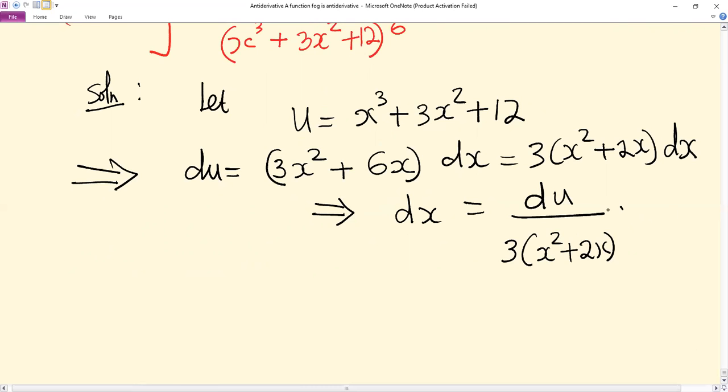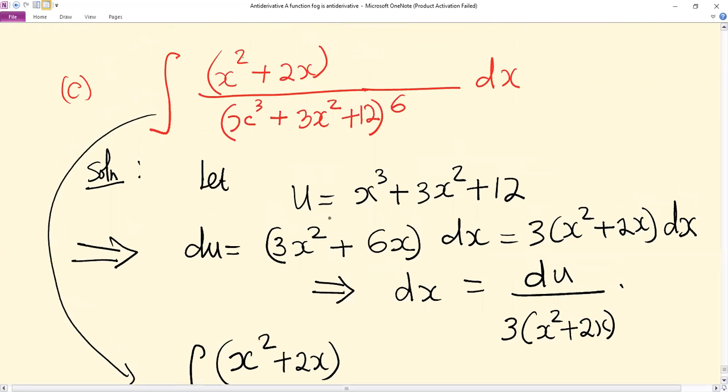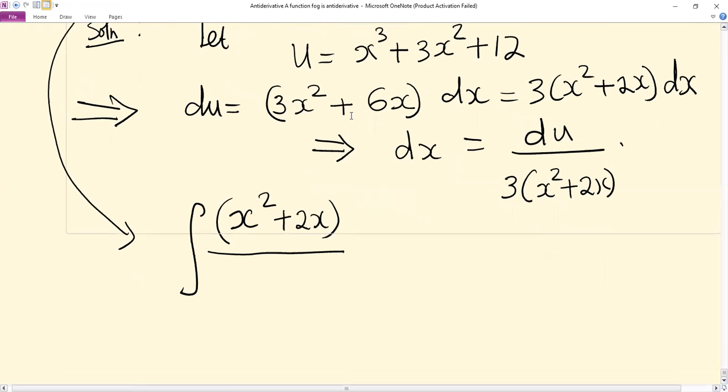Now, therefore, this integral will be the integral of x squared plus 2x divided by, remember we fixed the bracket in the denominator as u, so it'll be u power 6, times du divided by 3 into x squared plus 2x.